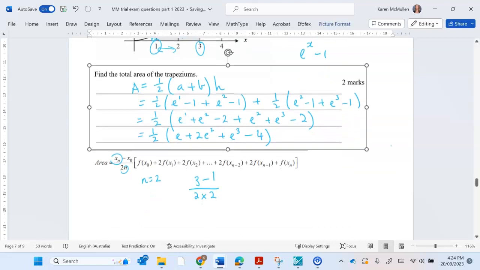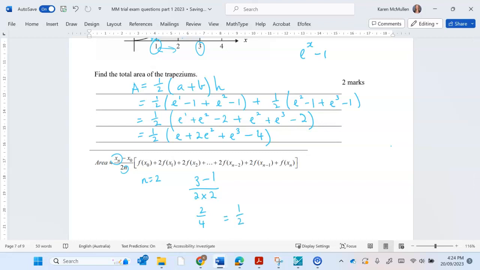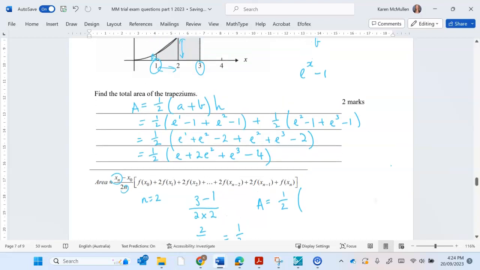You'll see that becomes 2 over 4, which is where your half comes from. So we're going to put that at the front. So area equals a half, and then all this stuff inside is basically what we've just done. So f of x0, your first value, is e to the power of 1 minus 1.